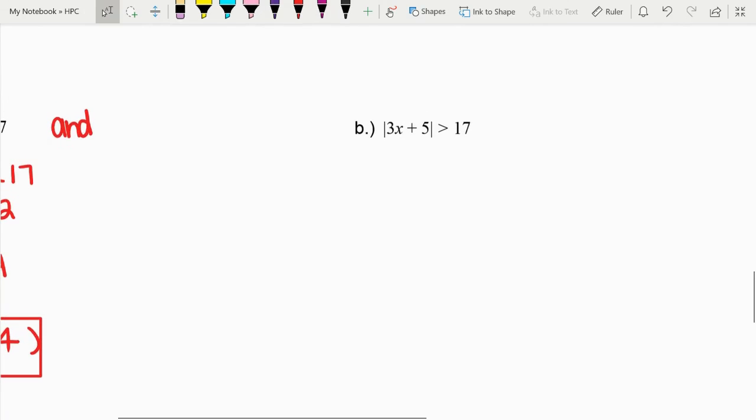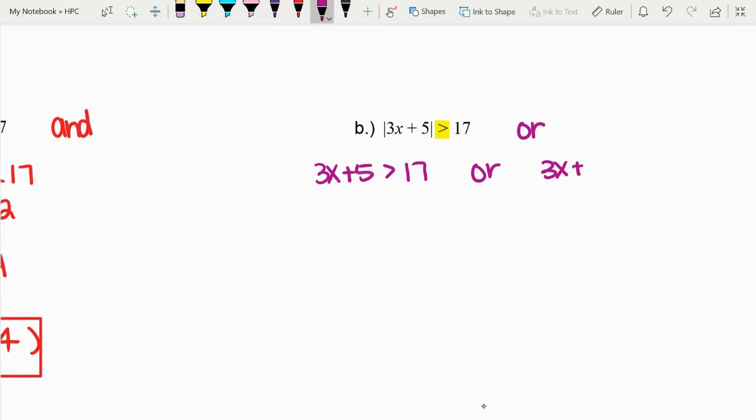In part B, we have the absolute value of 3x plus 5 is greater than 17. So this is an or problem. I'll rewrite this as 3x plus 5 is greater than 17, or 3x plus 5 is less than -17. You can go ahead and solve each of these. So I'll have 3x is greater than 12, so x is greater than 4.